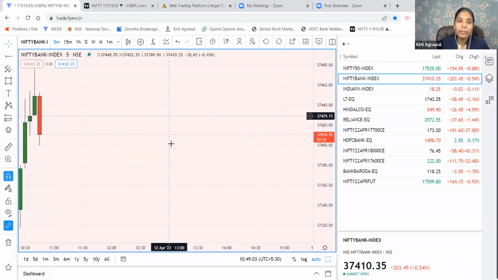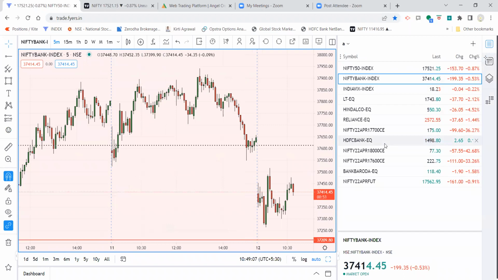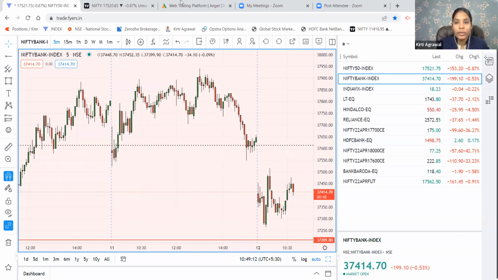If not, if we break the lows, then only we can see further sell off in the market, right? Yes, is this point clear to all of you?